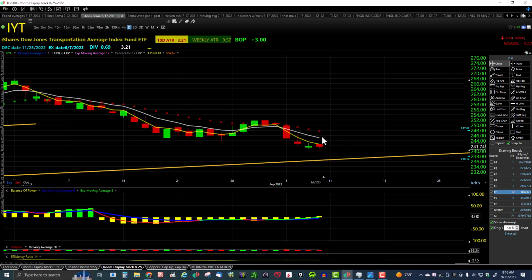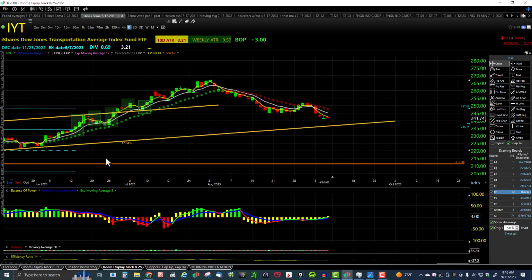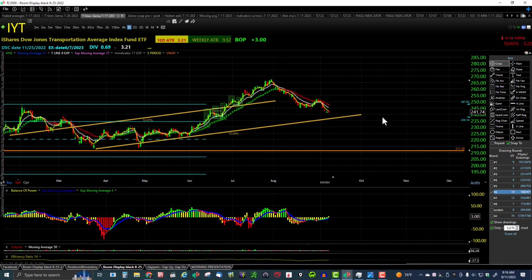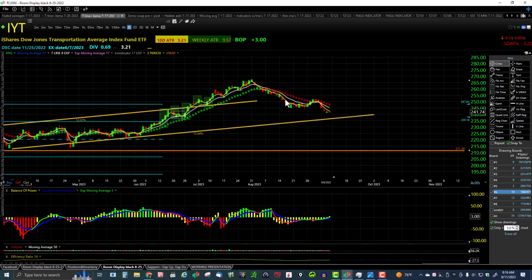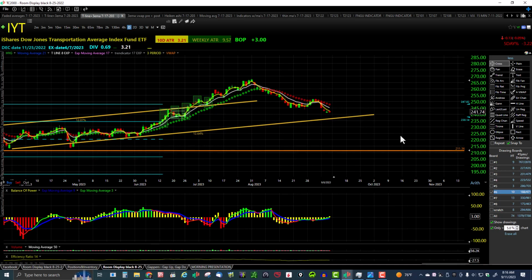So it just continues to move down in a downtrend with 3 EMA, 8 EMA, all underneath our 17 EMA, including price, everything under the 17 EMA, looking like it wants to pull back to this trend line on the bigger picture here. So there's the uptrend line that transports seem to be moving back towards. Look for a possible bounce off of that uptrend line.